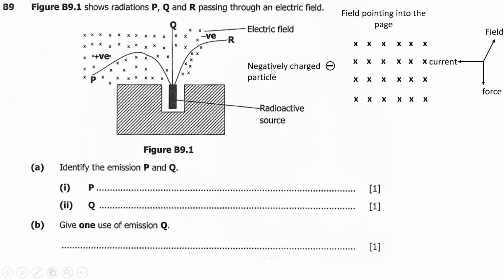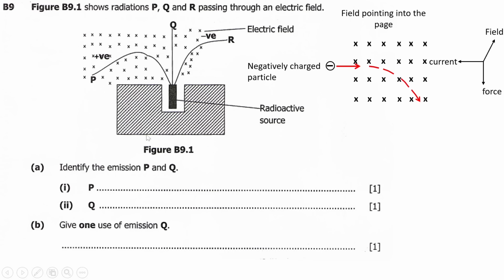So when you have an electric charge moving in that direction, you consider it as a current moving in the opposite direction. So since this one is pointing into the page, then the force will go downward like that. So that's what you should know.